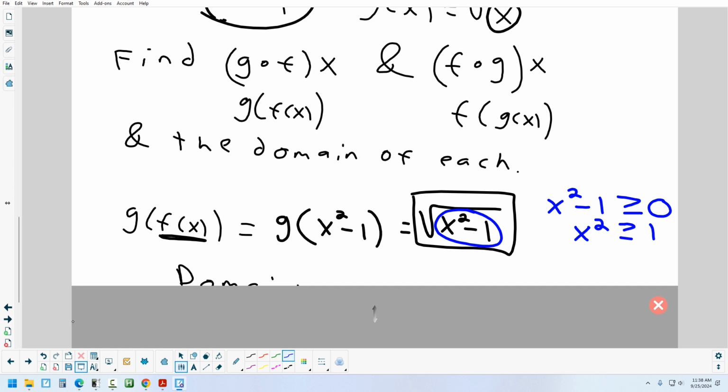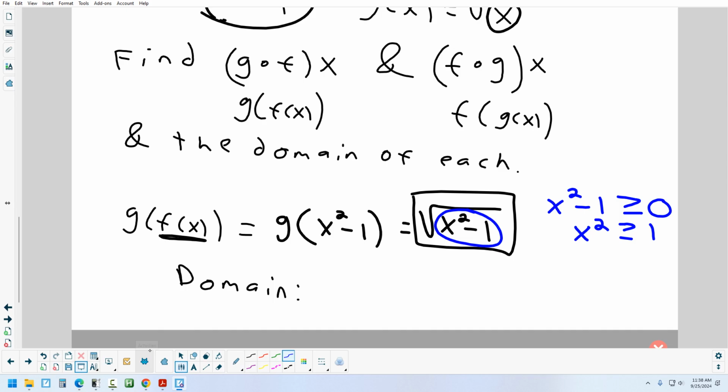If you square anything -1 or lower, like -2, if you square -2, you get 4. That's bigger than 1. So anything -1 or lower, how low can you go? Negative infinity. So anything -1 or down, and then anything from 1 and up.